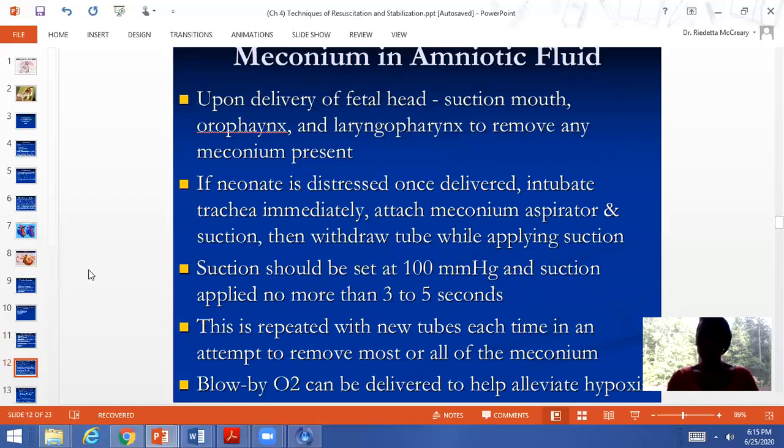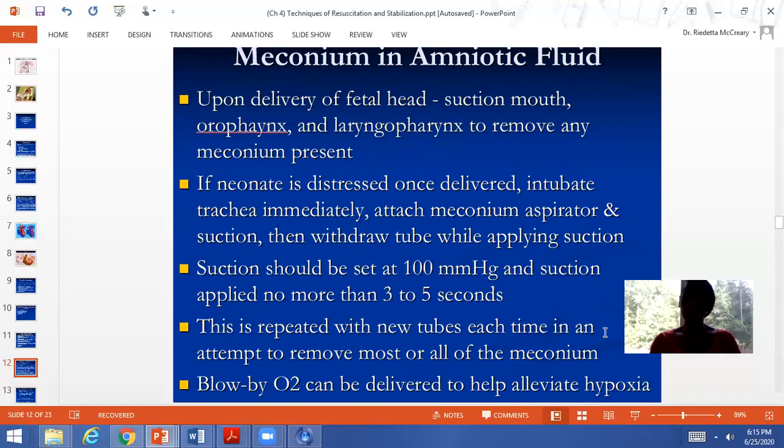Okay, meconium is something else that you need to be mindful of, because if meconium is present, typically what it means is that this baby has baked a little too long. In other words, post-term babies, so babies past 40 weeks, typically have meconium. So that's why it's good to ask what gestational age the baby is.